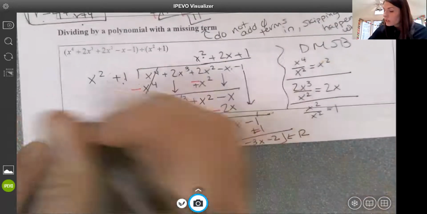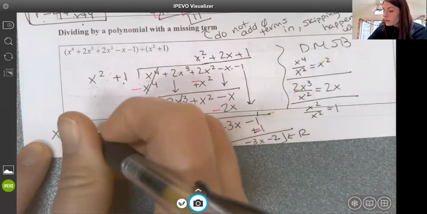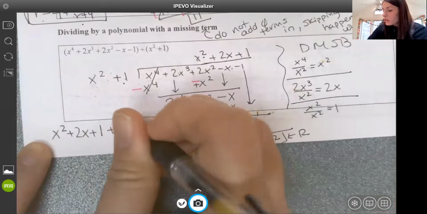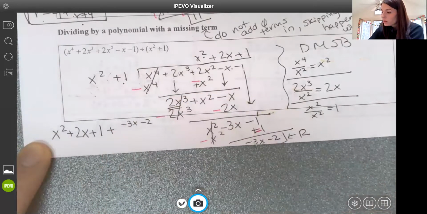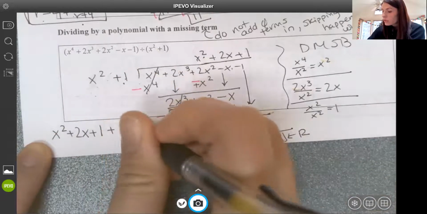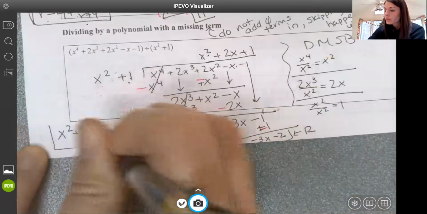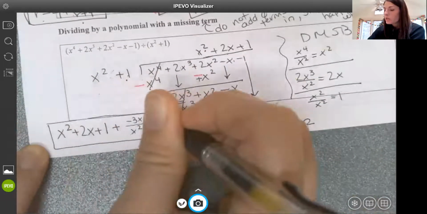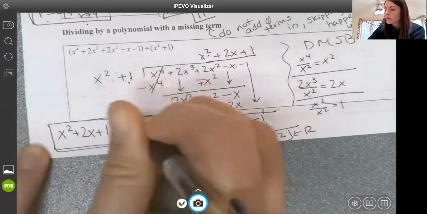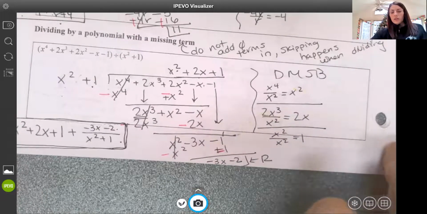So my answer here is x squared plus 2x plus 1 plus negative 3x minus 2 over my divisor, x squared plus 1, remainder over divisor. It's a little funky when that divisor is missing a term. It feels weird while we're doing that divide, multiply, subtract, bring down, but it's doable. Just to give you an example of that.